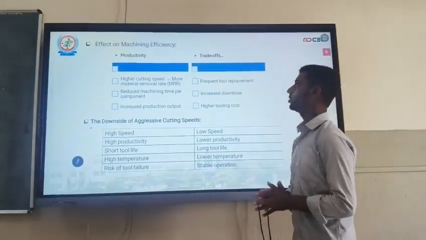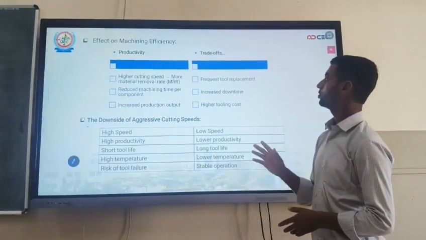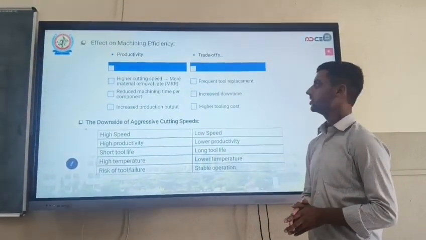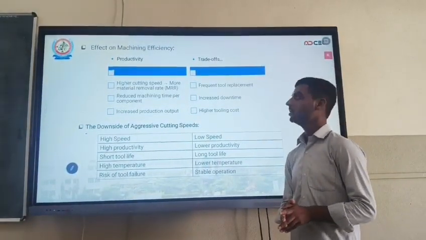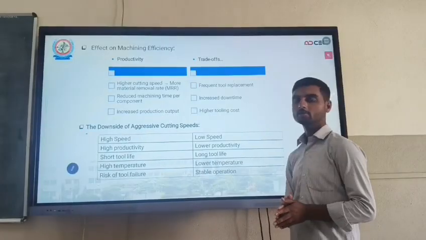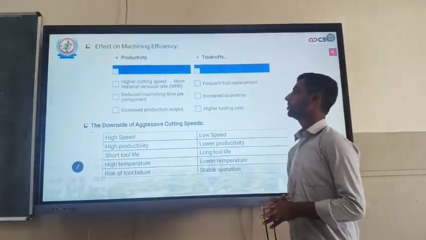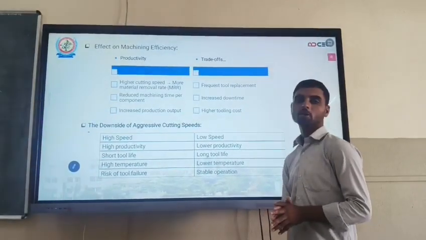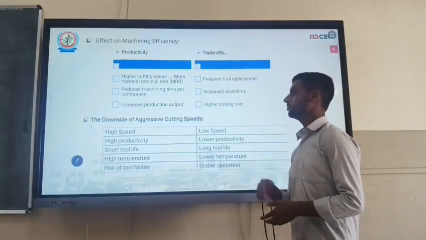The next one is the effect on machining efficiency. Efficiency is about productivity and trade-offs. Higher cutting speed gives a higher material removal rate, MRR, and reduces machining time per component, but means frequent tool replacement and increased downtime.